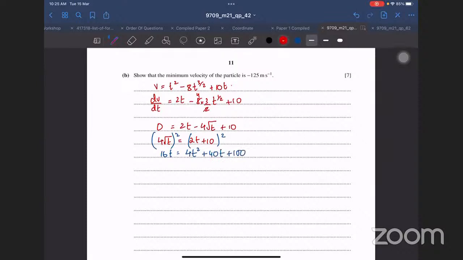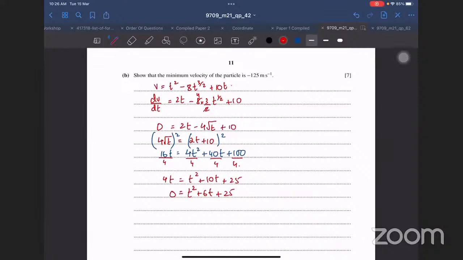Okay, I see that everything can be divided by 4. So I have 4t, t squared, 10t, and 25. Then I can use my quadratic formula.